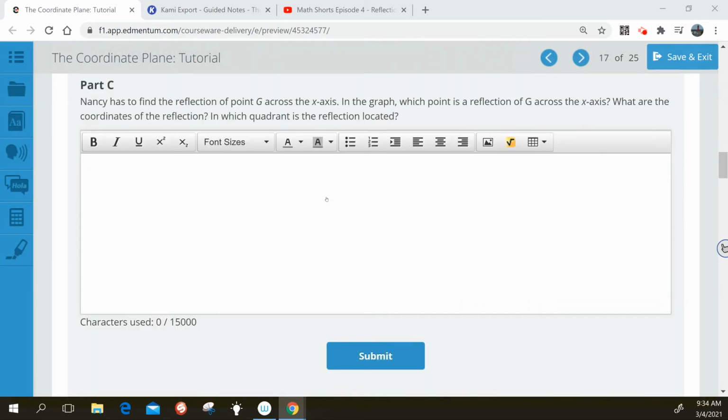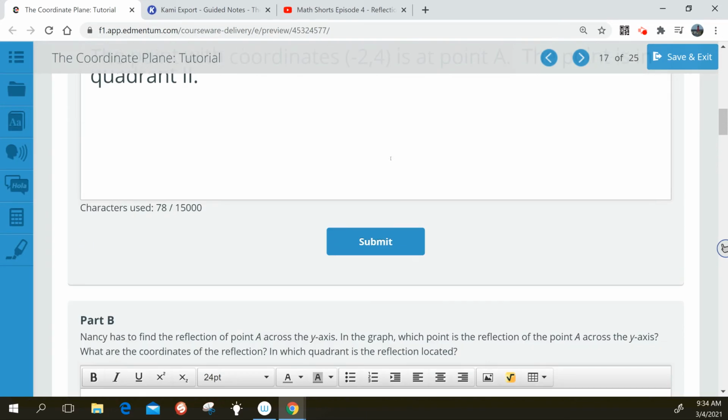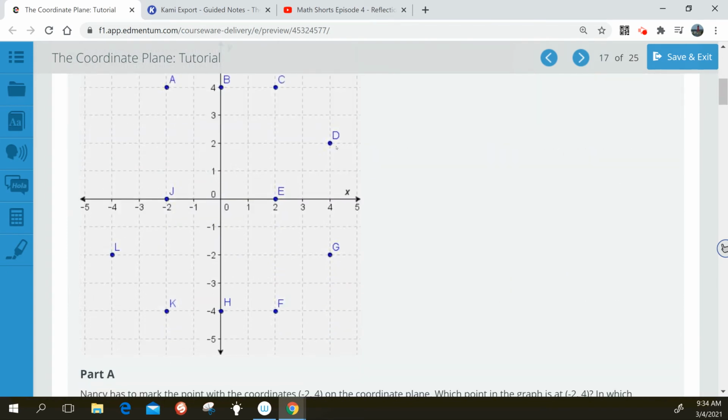Okay, so I want to go to C, move my font size to 24, and say the reflection of point G across the x-axis is point, what did we say it was? Point D, right? And that's going to be +4, +2.